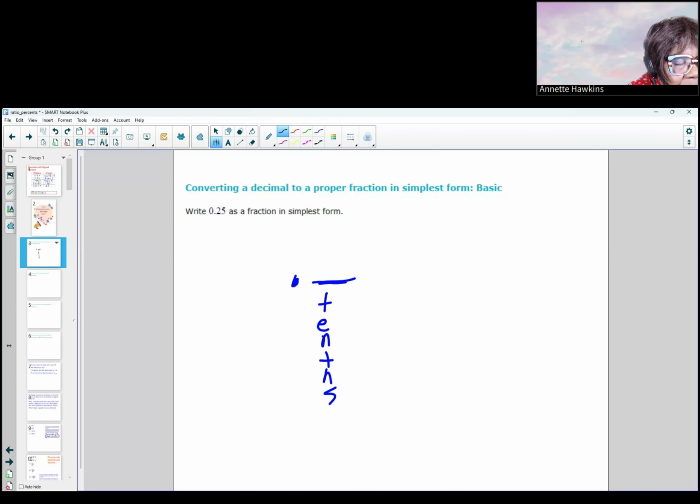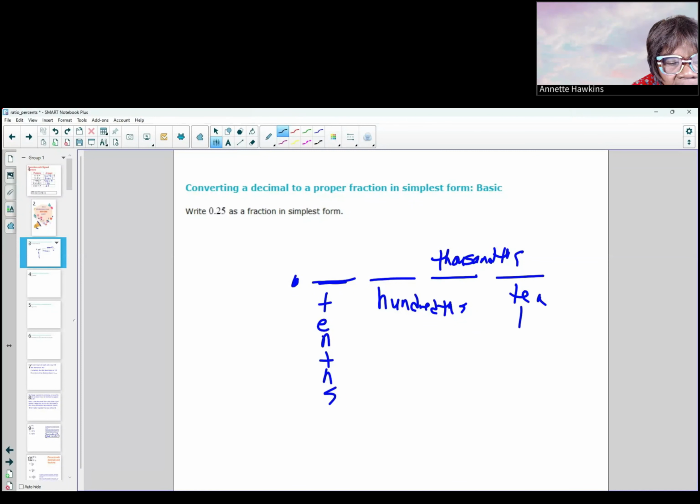And all of these to the right of the decimal point will have the THS, meaning that it's part of a whole. So that's tenths, hundredths, thousandths, 10,000ths, and then the next will be 100,000ths, and then millions. Okay, so these are the place values.